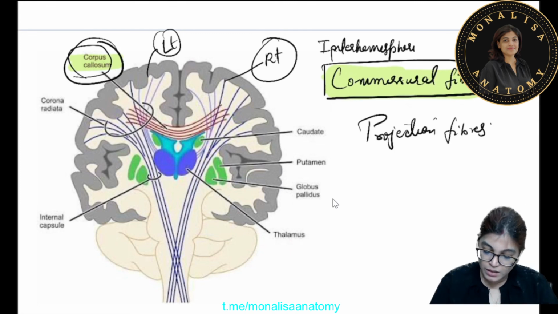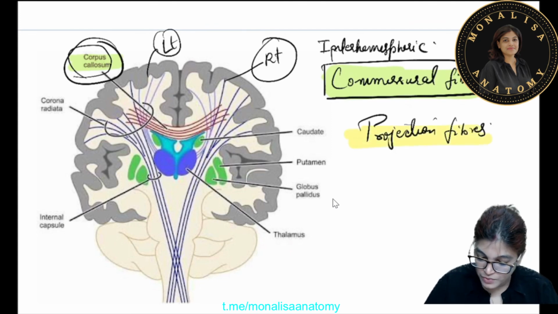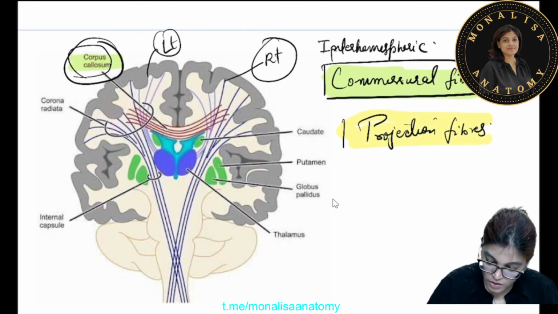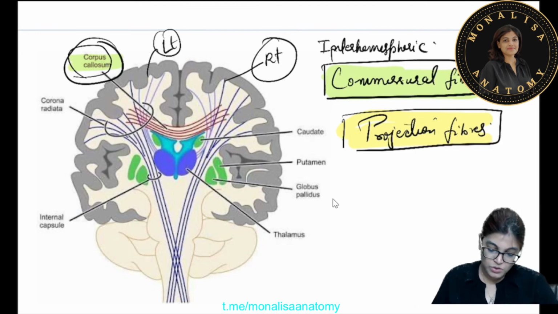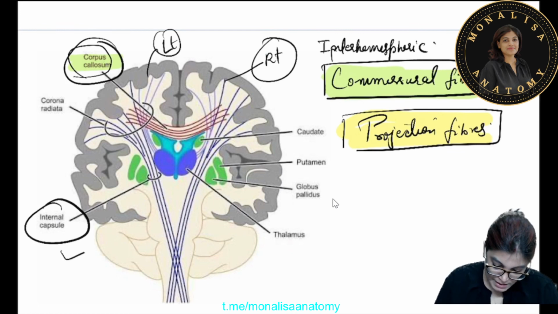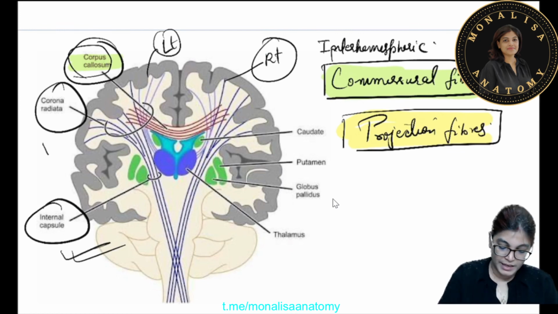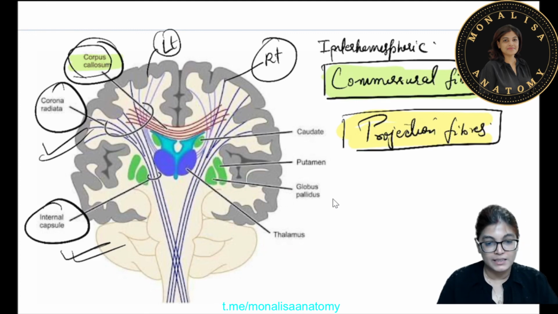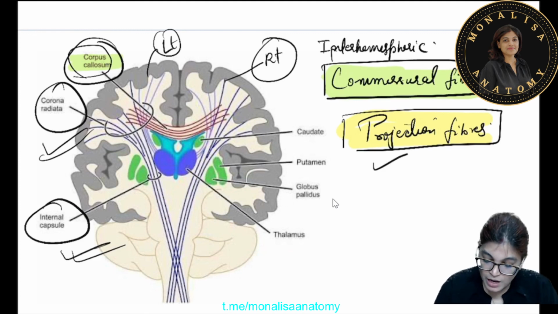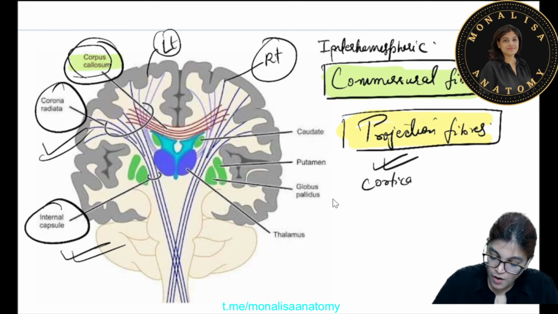Now coming to the third type, projection fibers. Projection fibers connect the cortical areas of the brain with the subcortical areas. They are long fibers. See here, one example is the internal capsule, another is the corona radiata. The same corona radiata lower down becomes condensed and forms the internal capsule. These are examples of projection fibers, connecting cortical areas of the brain with subcortical areas.